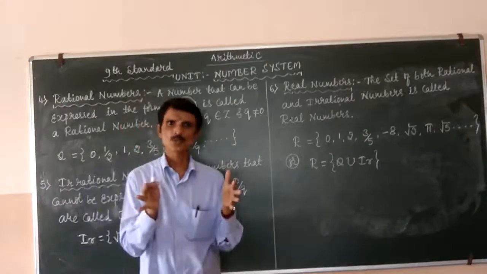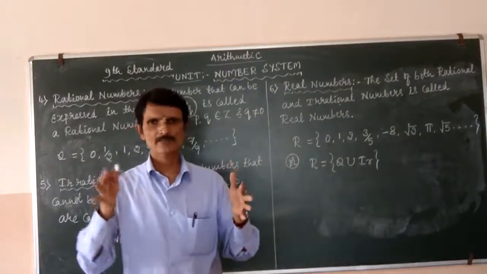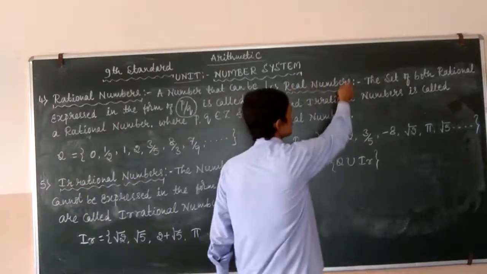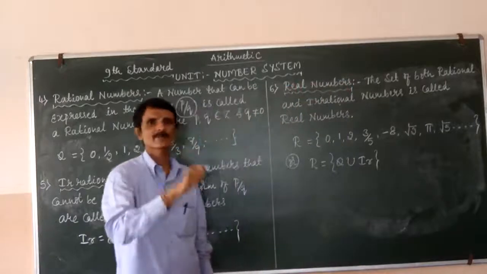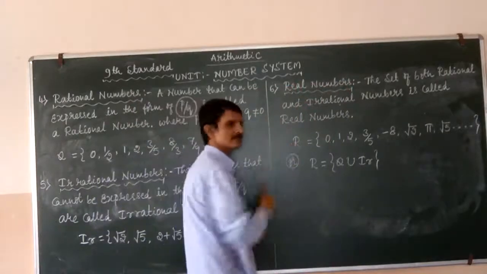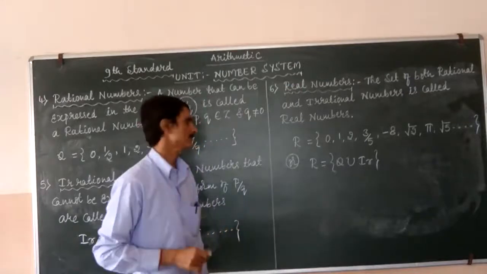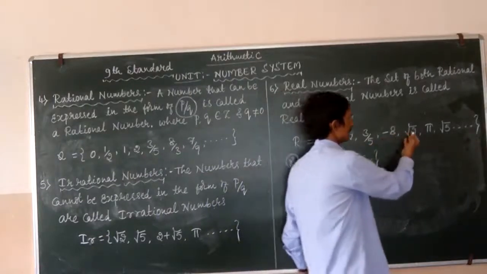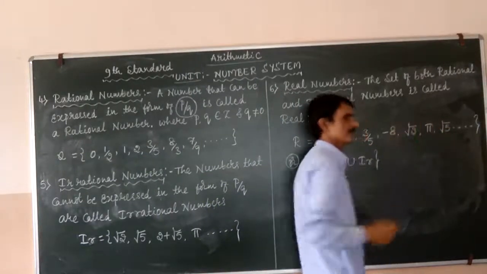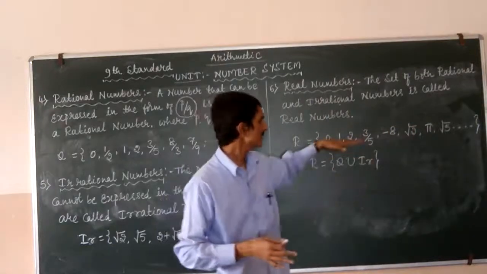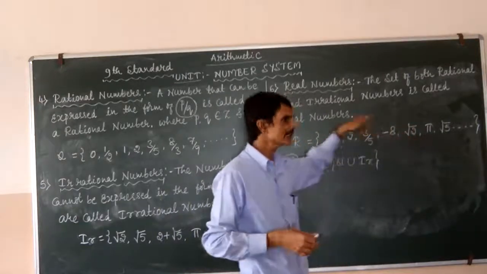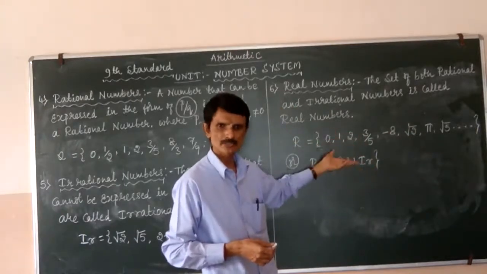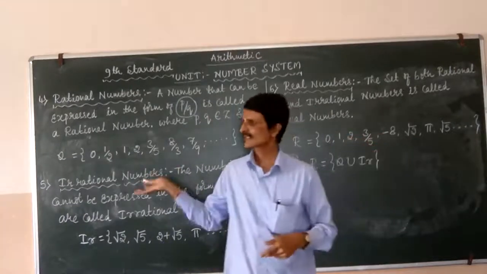If you include both the set of rational and irrational numbers, we get the set of real numbers, denoted by the letter R. It includes 0, 1, 2, 3 by 5, minus 8, minus root 2, root 5, etc. So it includes positive numbers, negative numbers, 0, rational numbers, and irrational numbers.